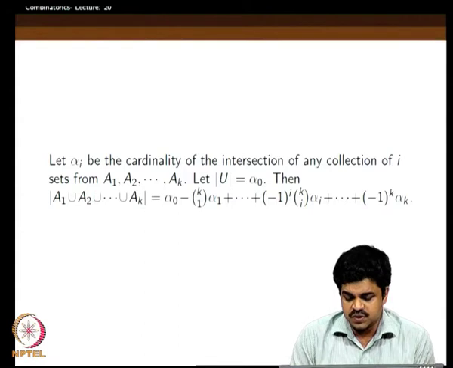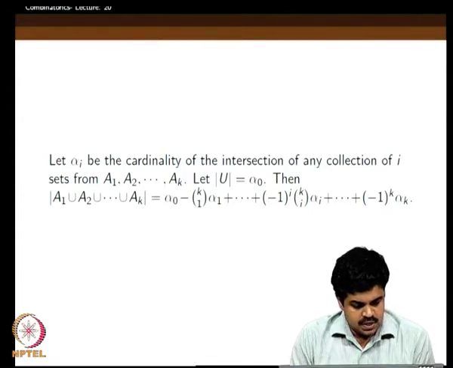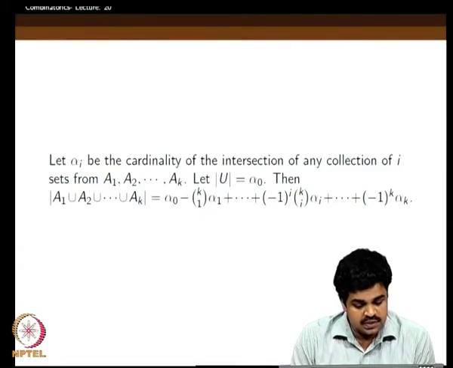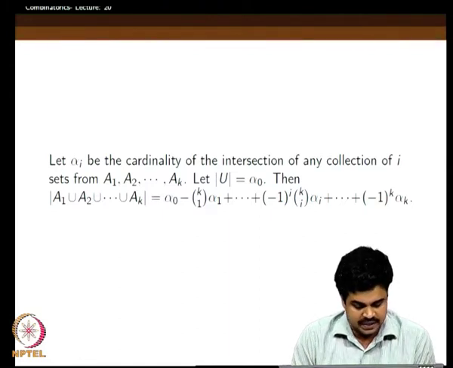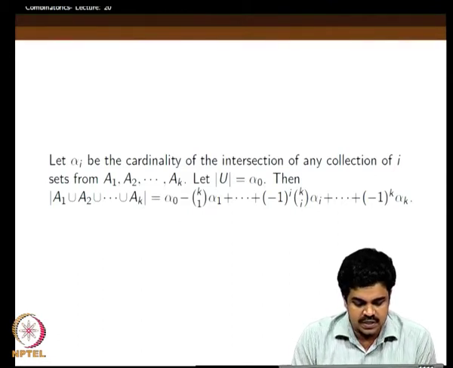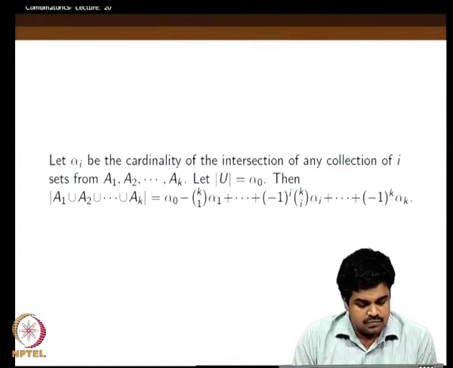Suppose your universe is of cardinality alpha 0, and any singleton set, irrespective of which set, any A_i is of cardinality alpha 1, and any pair has cardinality alpha 2.